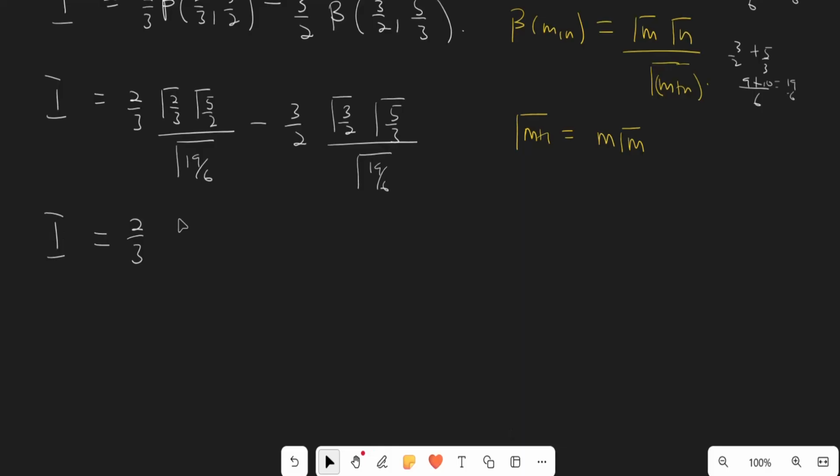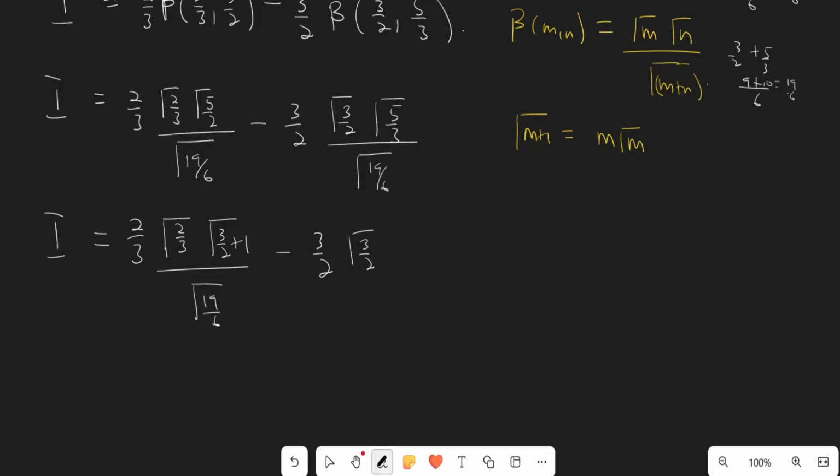So gamma of 2 over 3, I can leave as gamma of 2 over 3. What about gamma of 5 over 2? Gamma of 5 over 2 can be written as gamma of 3 over 2 plus 1, divided by gamma of 19 over 6, minus 3 over 2 gamma 3 over 2.